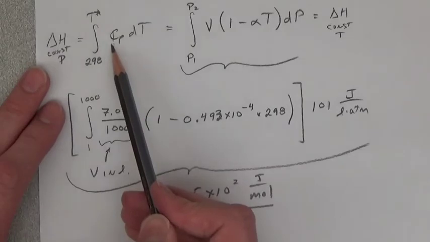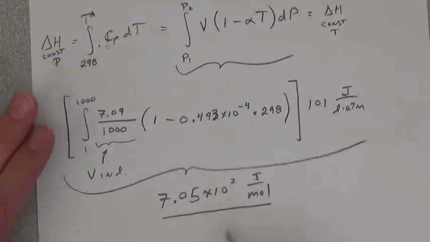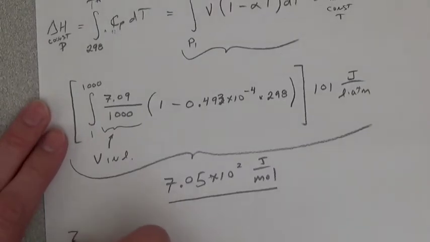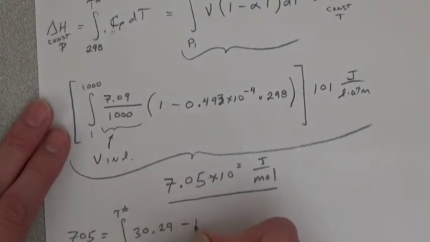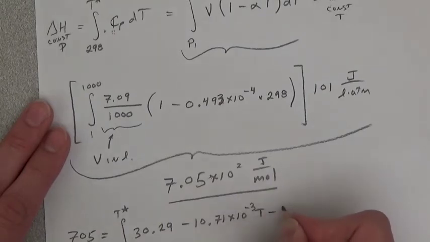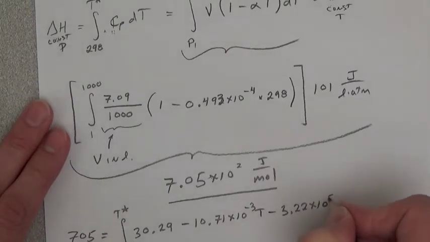So then, going back and setting these equal, we get 705 is equal to the integral from 298 to T star of the heat capacity of copper, which is 30.29 minus 10.71 times 10 to the minus 3 T minus 3.22 times 10 to the 5 T to the minus 2 dt.